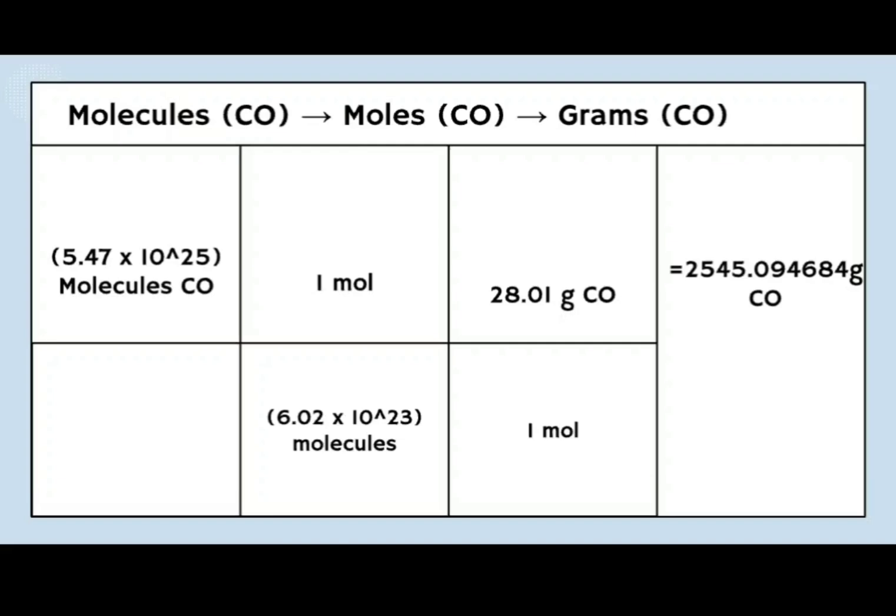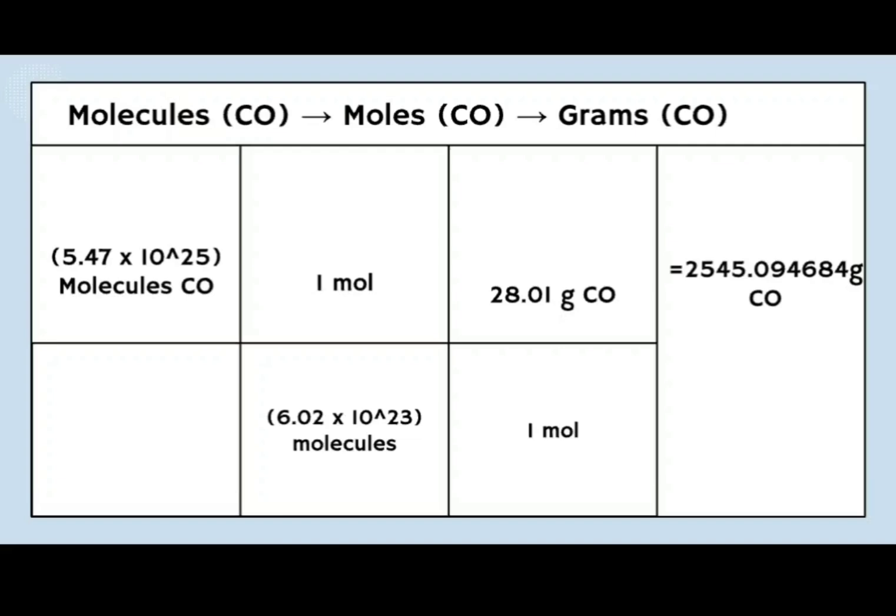By using 5.47 times 10 to the 25th power molecules of carbon monoxide, divide that by 6.02 times 10 to the 23rd power molecules of carbon monoxide. We're going to then multiply by the molecular mass of carbon monoxide to get the original reactant value, to see if, for the next problem, our excess reactant is less than this original value.